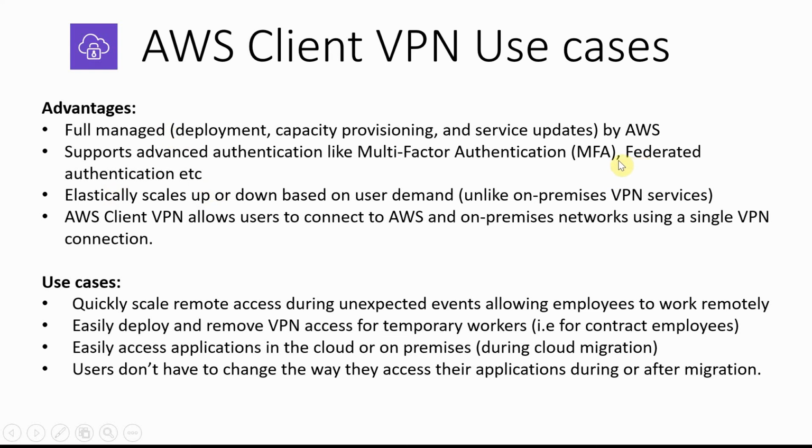Multi-factor is like a two-level or three-level authentication apart from your RSA token or any other things. If you want to have an additional authentication, typically Google Authenticator is most commonly used as a second level authenticator, similar to RSA tokens. So you can use all of that.